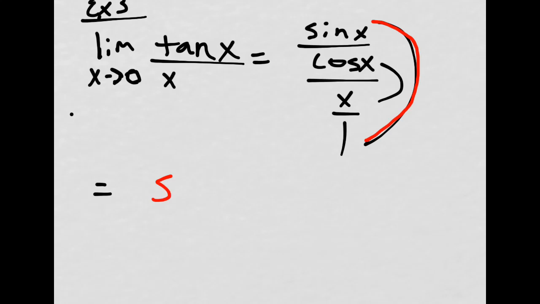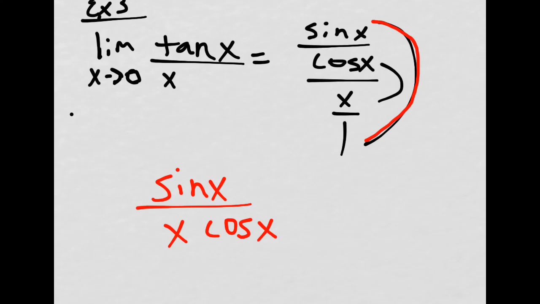So 1 times sine x is sine x over x times cosine x. And we're still taking the limit as x approaches 0. From here, I have a sine x and an x, and that's what I wanted to have. So we'll finish this one tomorrow.